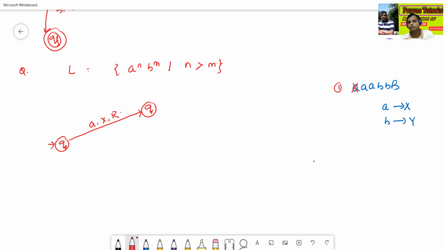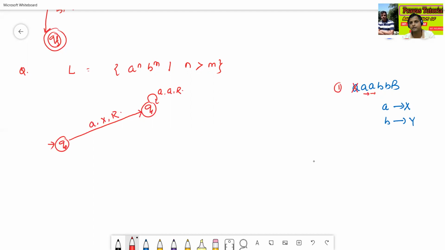Whatever Q1 reads, it skips. Skip means it reads and writes the same symbol. So read A, write A and move towards right.